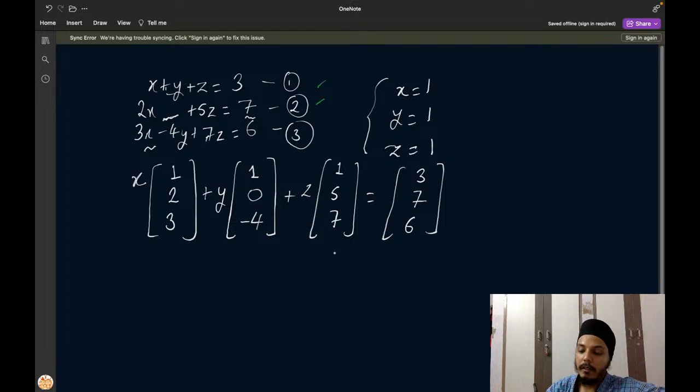So now we have three-dimensional column vectors. We need the right values of x, y, z so that we can get our right hand side vector. We can do two operations here: either we multiply vectors by a scalar, or we add two vectors.